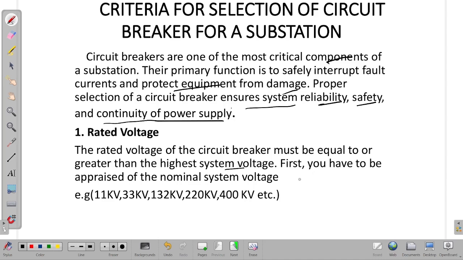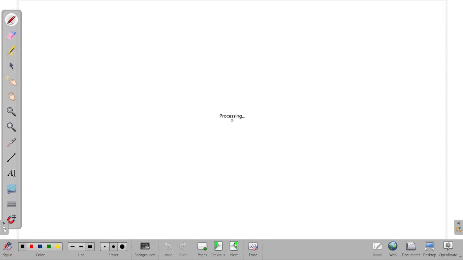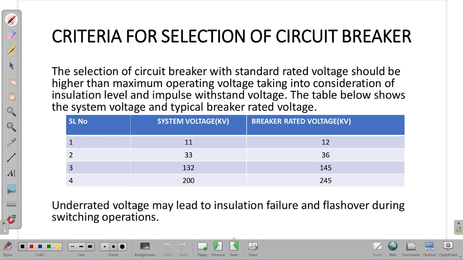First, you have to be apprised of the nominal system voltage. What is your nominal system voltage? The breaker with standard rated voltage should be higher than the maximum operating voltage, taking into consideration the insulation level and impulse withstand voltage.